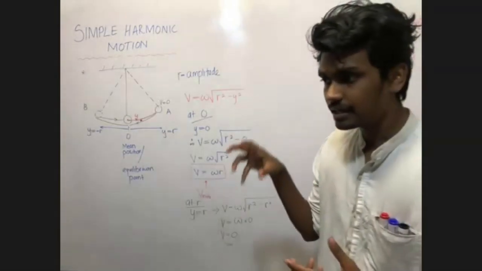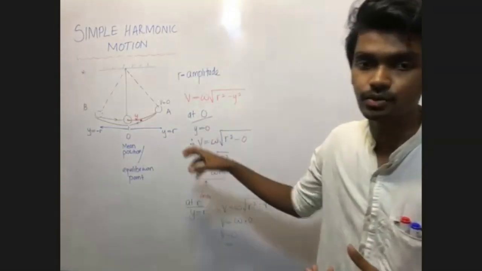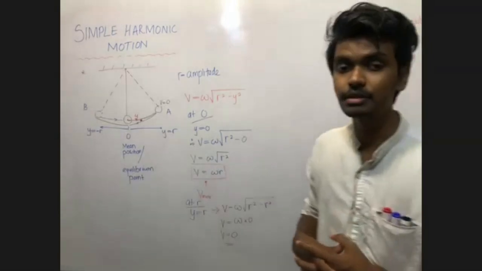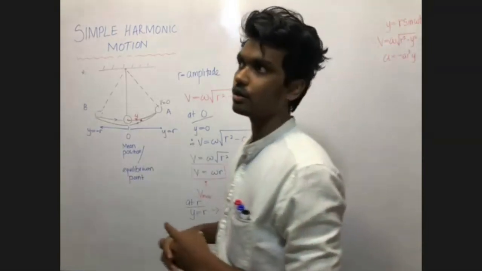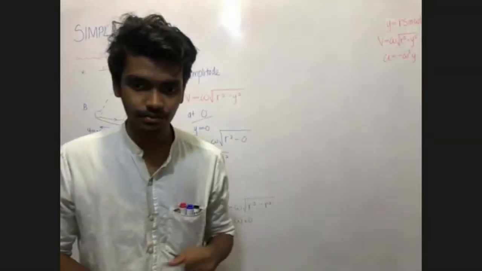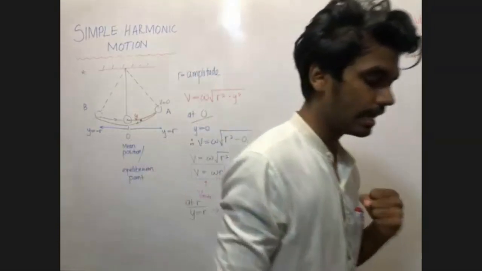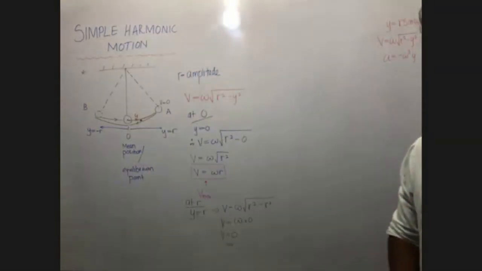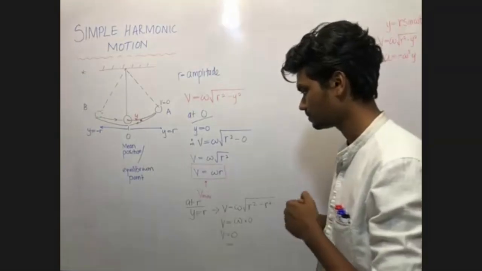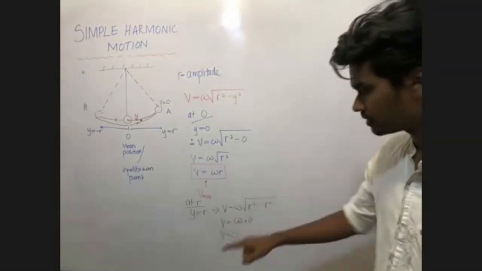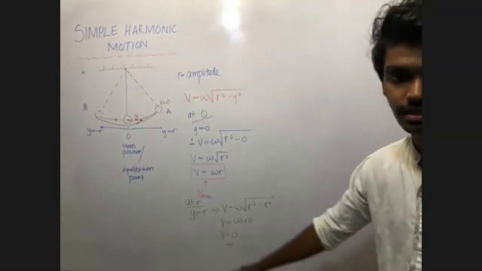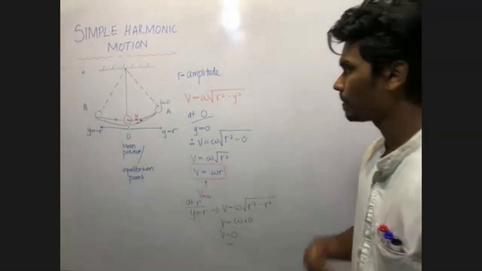While the minimum velocity of the particle will be given at the amplitude. In brackets, velocity is equal to 0.